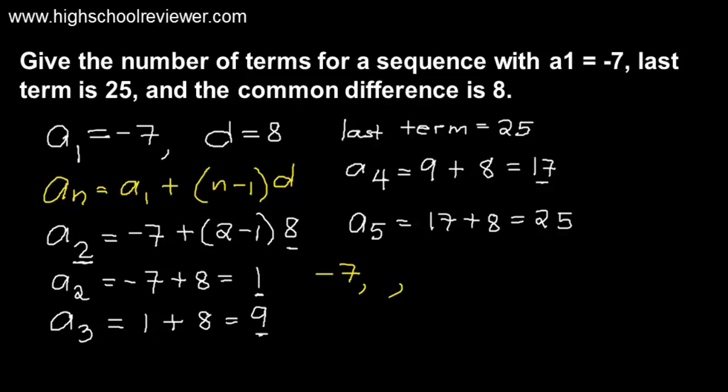So negative 7, positive 1. A sub 3 is positive 9. A sub 4 is positive 17. And a sub 5 is positive 25. So these are our final answers.